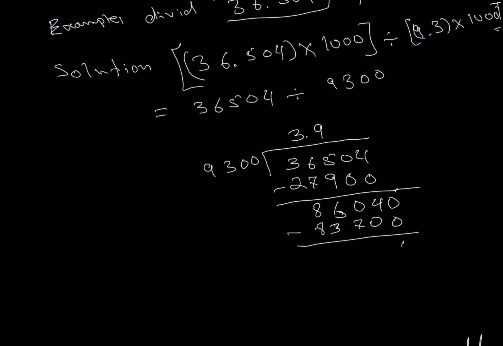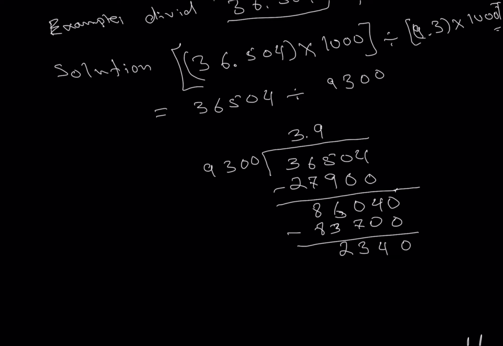So minus that, 5 minus 3 is 2, and there will be 0. So we get 2,300.